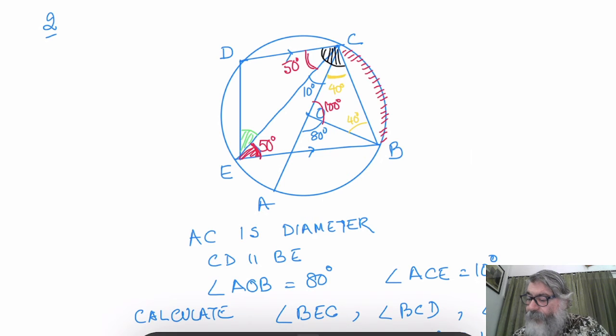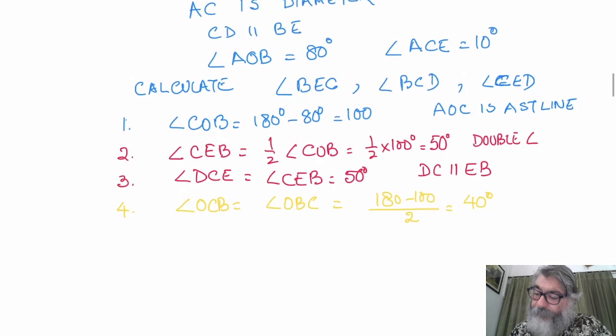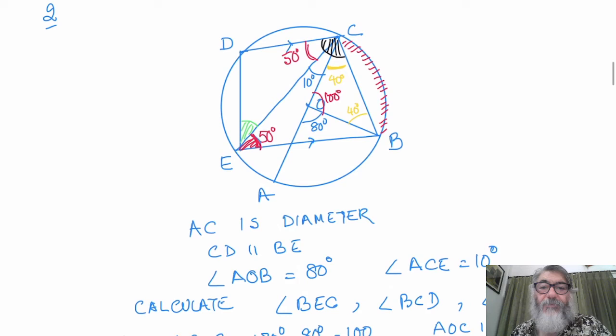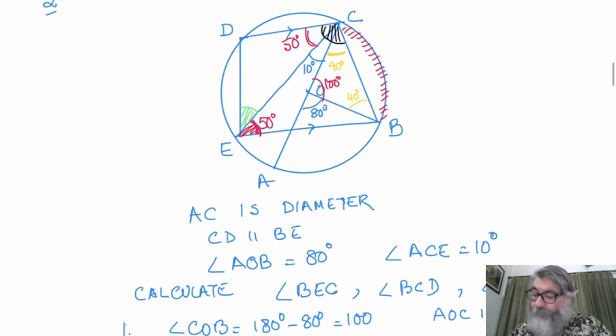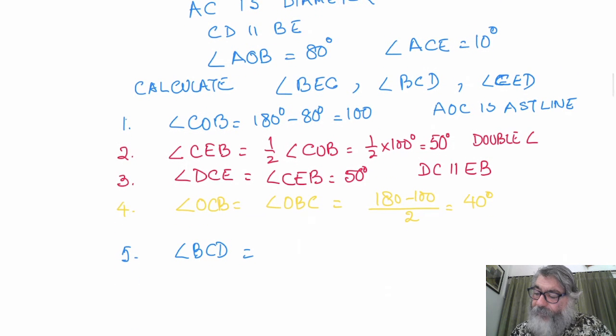Now let us see what we write. We have got all three angles now, so we have to write the value of BCD. Angle BCD will be equal to 50 plus 10 plus 40, that will come out to be 100 degrees.